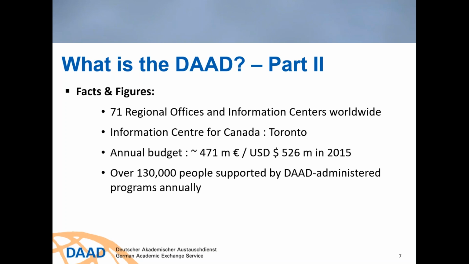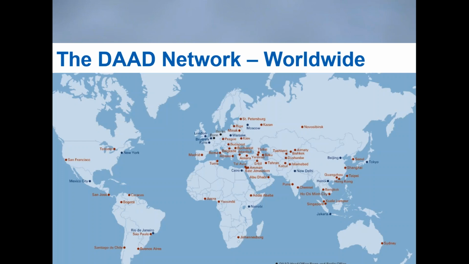Also, just a few facts here. We have over 70 offices worldwide. For the US and Canada, we have three offices in New York, Toronto, and San Francisco. If you apply to a scholarship or grant, in most cases you will apply online. Well, that's always the case.